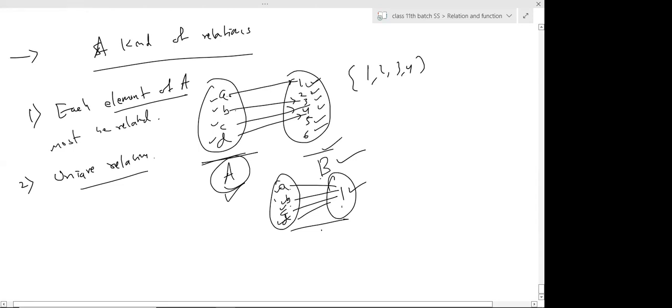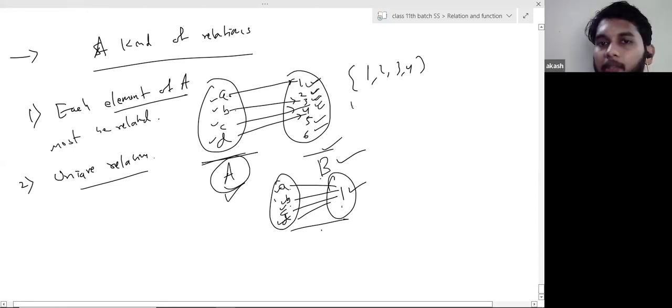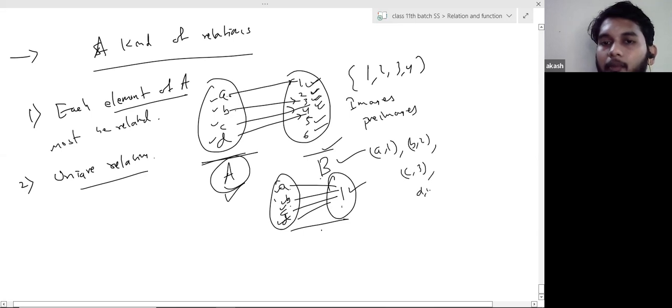The second elements of the ordered pairs will be called images, and A, B, C, D will be pre-images, because we can write (A,1), (B,2), (C,3), and (D,4). Here 1, 2, 3, 4 are images. A, B, C, D are pre-images. If somebody asks you what is the image of B, you will say 2. If somebody asks you what is the pre-image of 2, you will say B. Clear?